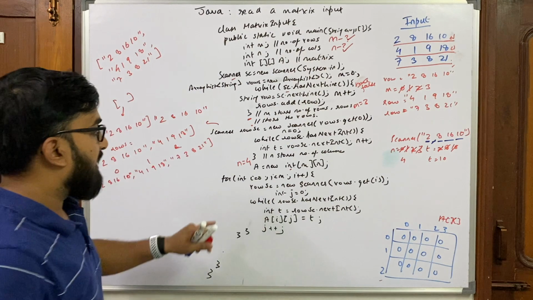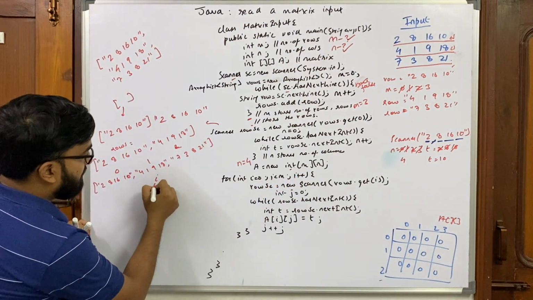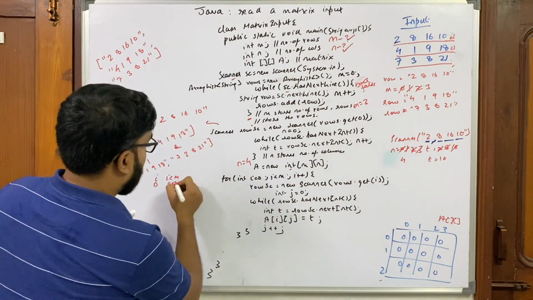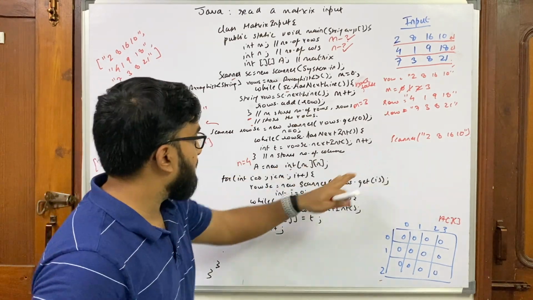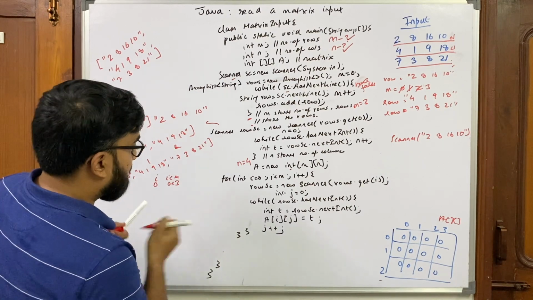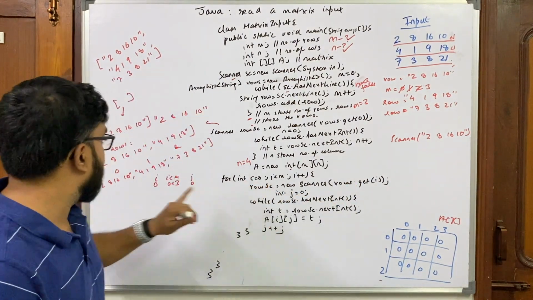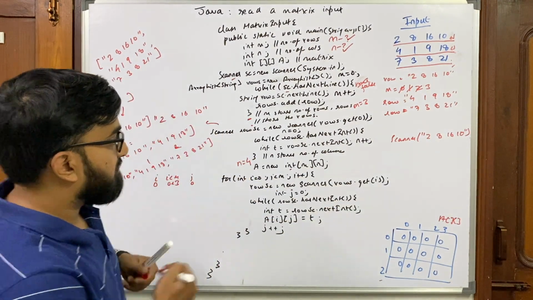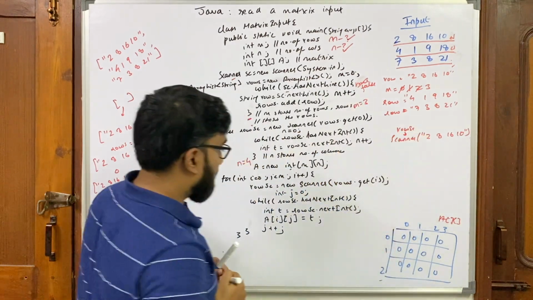All right, and then we do this: i is equal to 0, i is less than m, i plus plus. So i is 0, and 0 is less than m, which is 3, which is true. So you create a row scanner, and we have j equal to 0 as well. You create the row scanner with rows.get(i), which is rows.get(0), and that will give you the same string. This is your row sc.